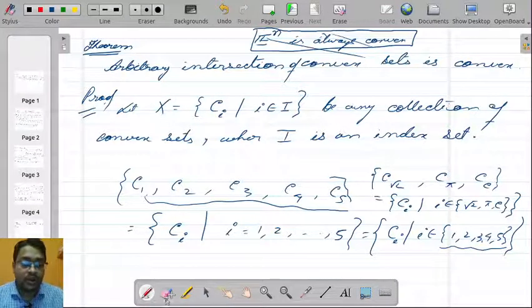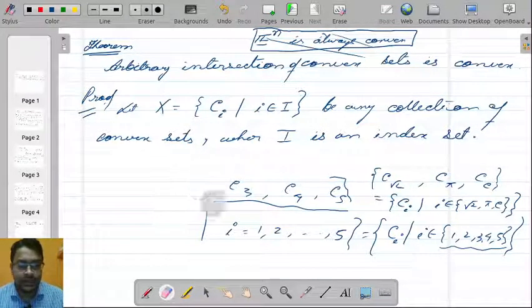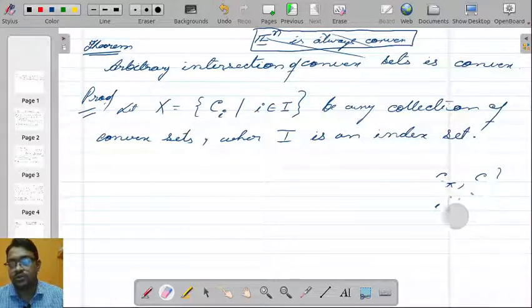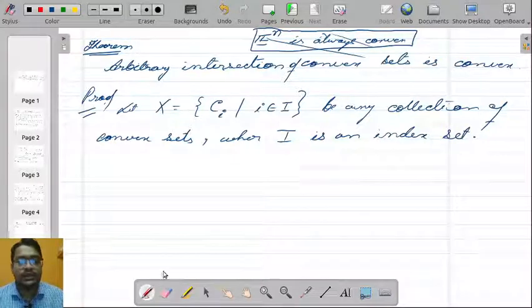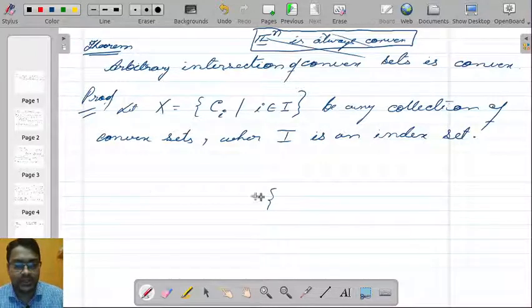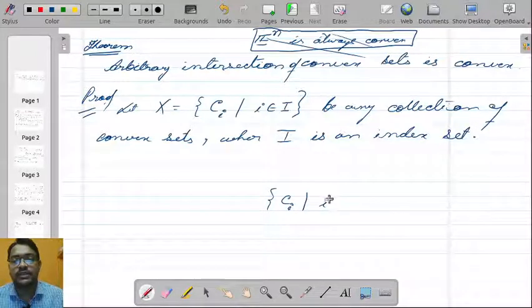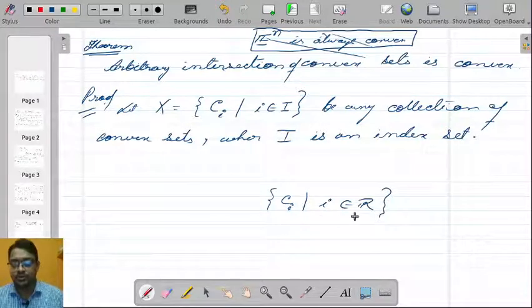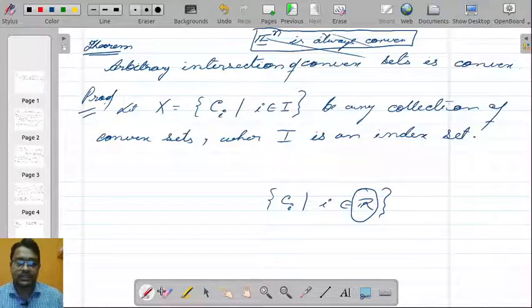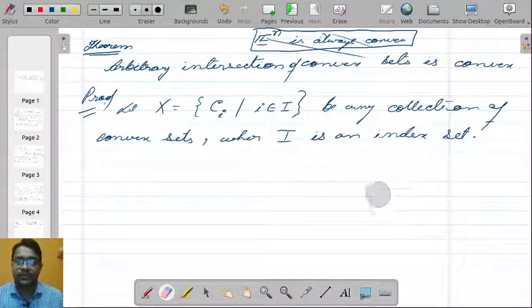In general, the index set may be infinite also. Suppose for each real number i I get a convex set. Then I may write this collection as Ci such that i belongs to R. So here the index set is R, and it's an infinite collection of convex sets.